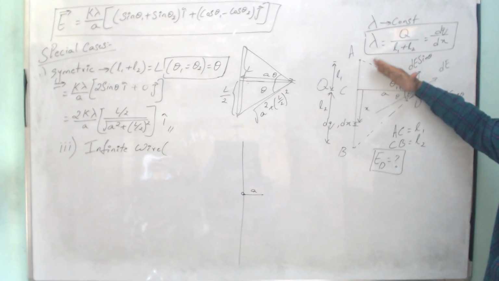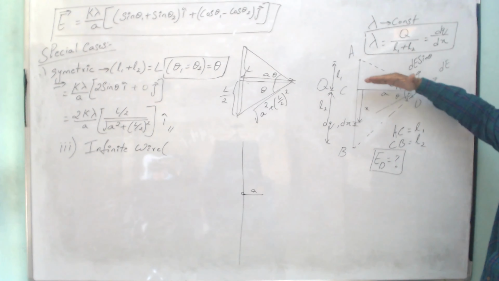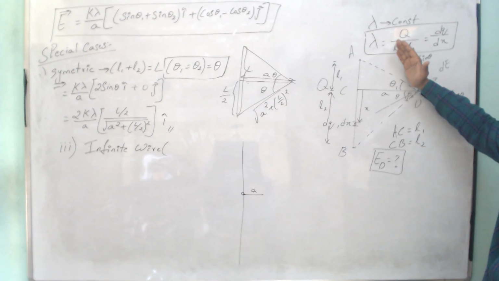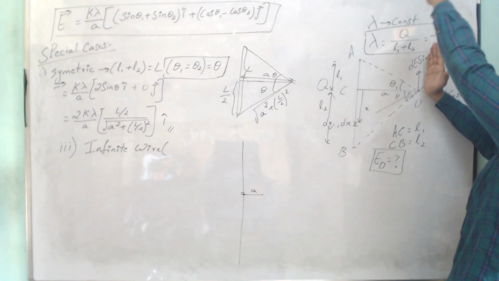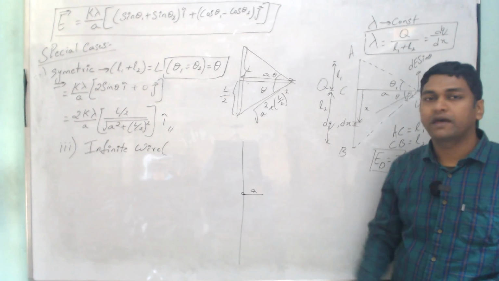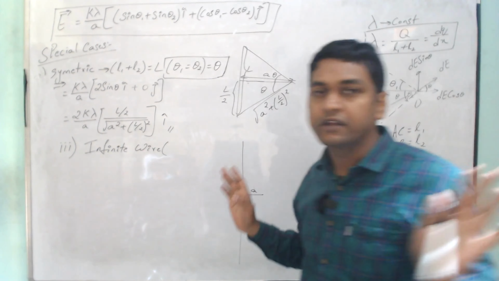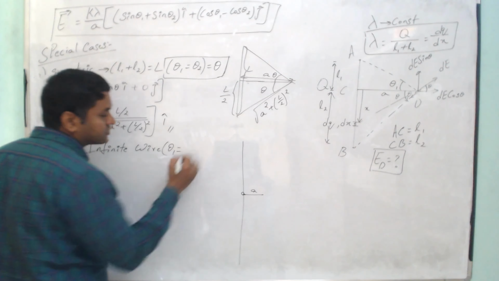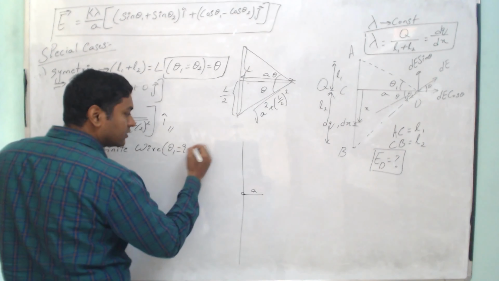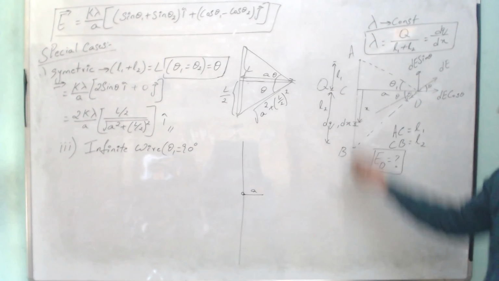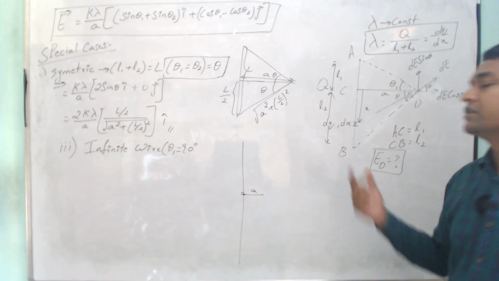So when it goes till infinity, what is the value of theta 1? 90 degrees. Straight, parallel, perpendicular, these words are all great, but the values of theta 1 and theta 2 are what we are interested in. So theta 1 will become 90 degrees. Next, what is the value of theta 2? The infinite wire at the bottom is also 90 degrees.